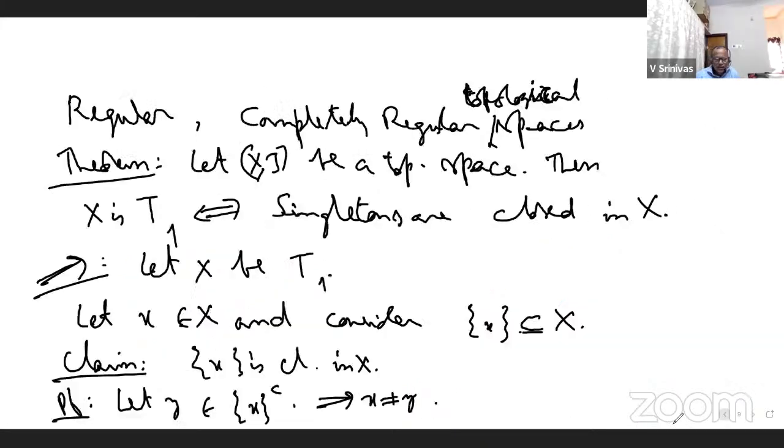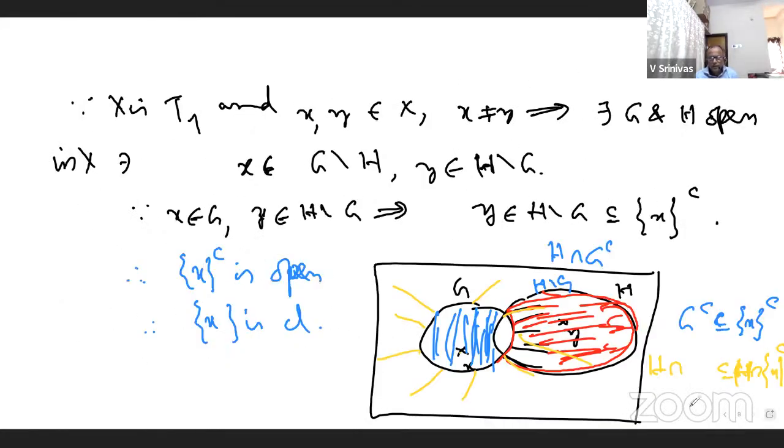Conversely, let us take that singletons are closed, and we can show that capital X is T1. So this is the if part.